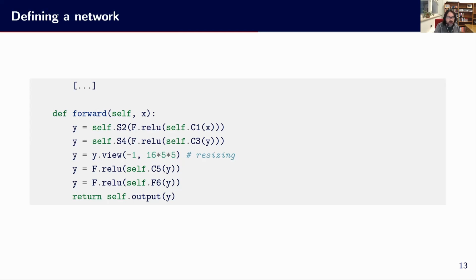Then we apply ReLU on the output of C5, which is taking Y as input. Then we also apply F6, and then again ReLU, and then we have the output. So it's the flow forward, the flow of the information through the first two convolutions, and then the remaining layers of the neural network.